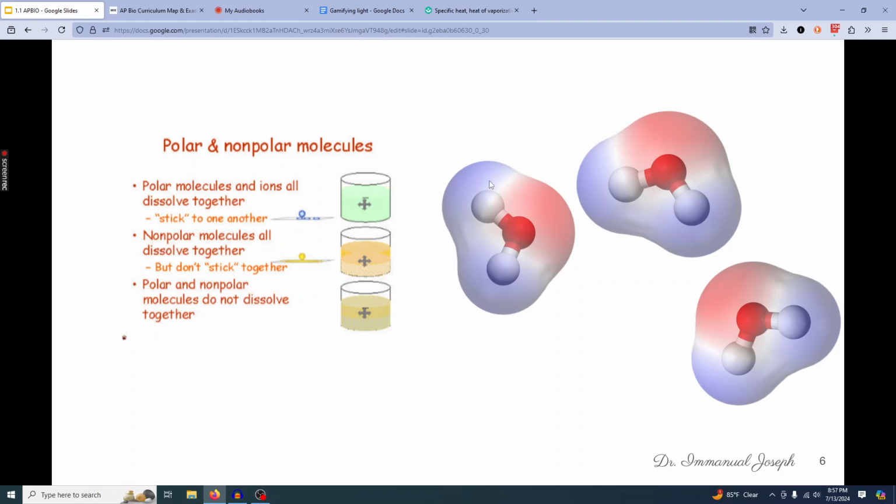So polar molecules can interact with other polar molecules, and with ions, but polar molecules and non-polar molecules do not work with each other. Non-polar molecules can dissolve together, but they don't stick together because there is no attraction between them. But they are not avoiding each other, if that makes sense.